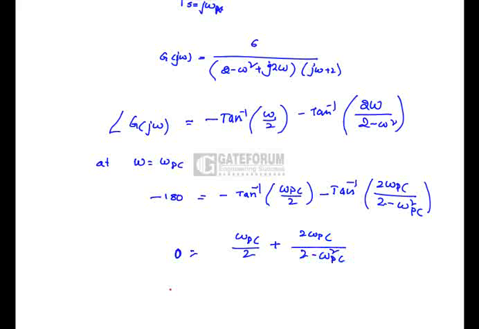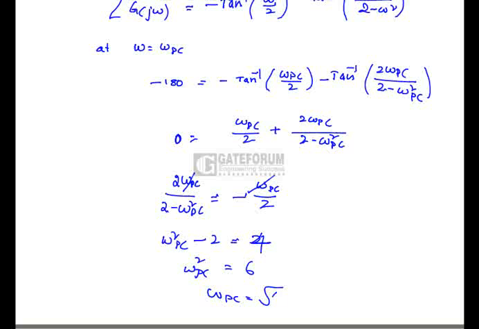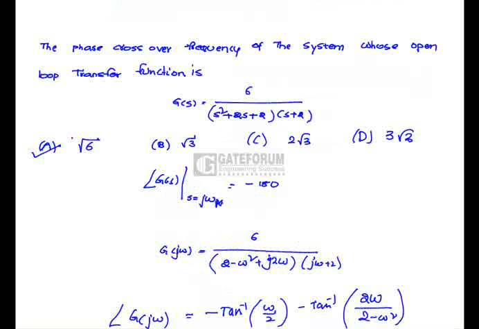If we apply tan on both sides, tan 180 is 0, so omega pc by 2 plus 2 omega pc divided by 2 minus omega square pc is 0. So 2 omega pc over 2 minus omega square pc is equal to minus omega pc by 2. This gets cancelled. Omega square pc minus 2 is equal to 4. So omega pc is equal to root 6. That is option A is correct.